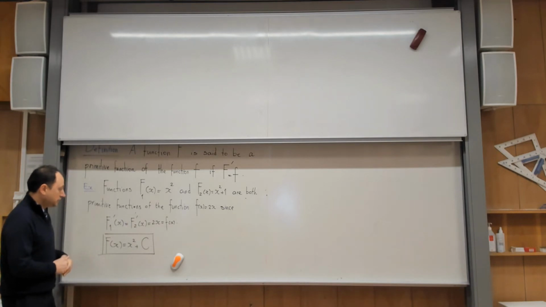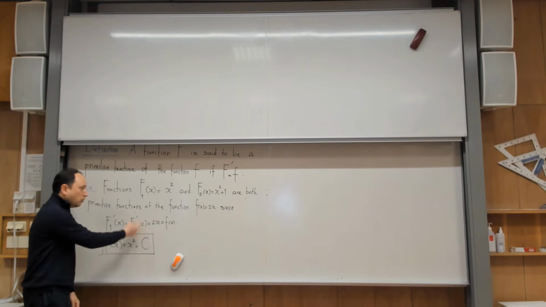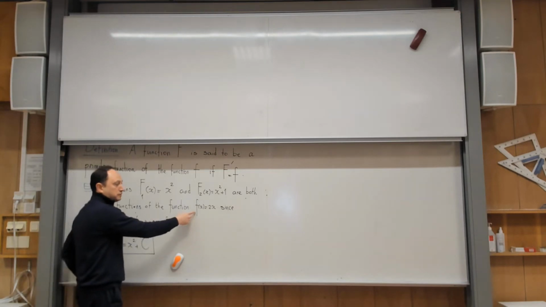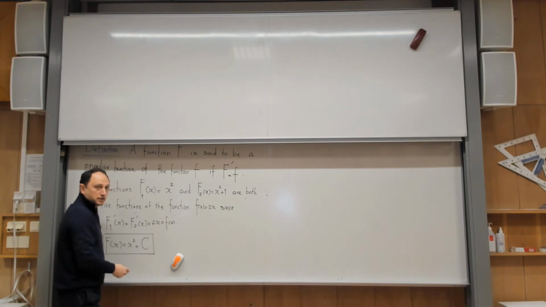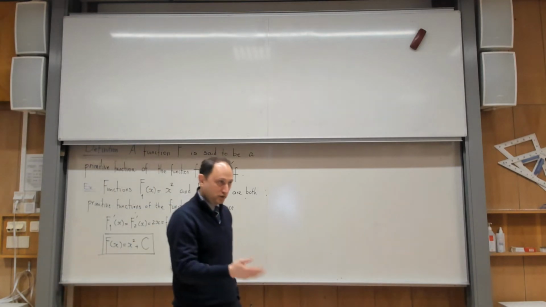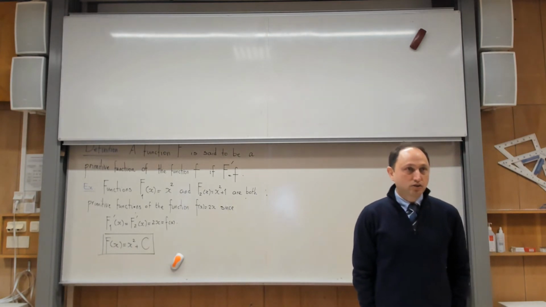But if I tell you, are you sure that these are the only possible answers, the only possible primitive functions for 2x? The answer is yes, but not trivial. The reason that I say yes is because I have seen the proof, I have studied it, I know that this is true. But at this level, I want you to understand this is not trivial.